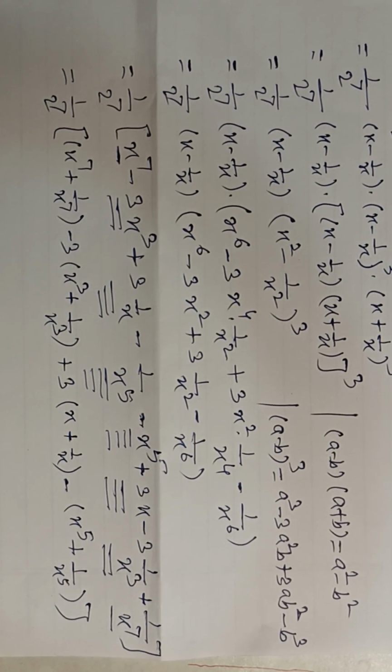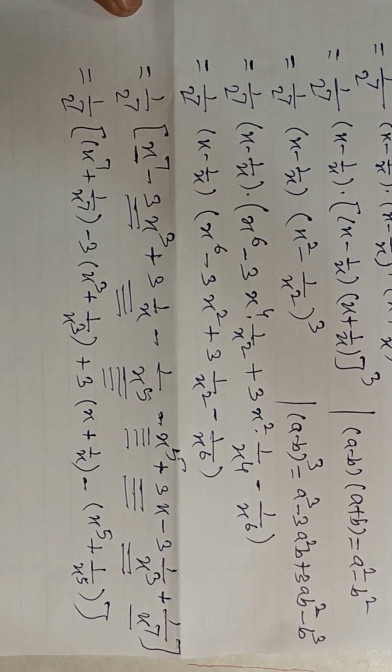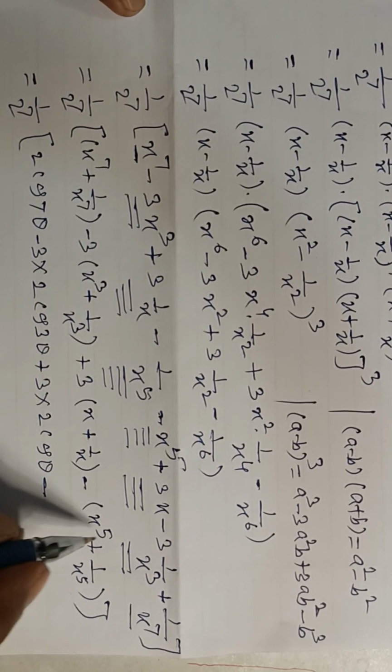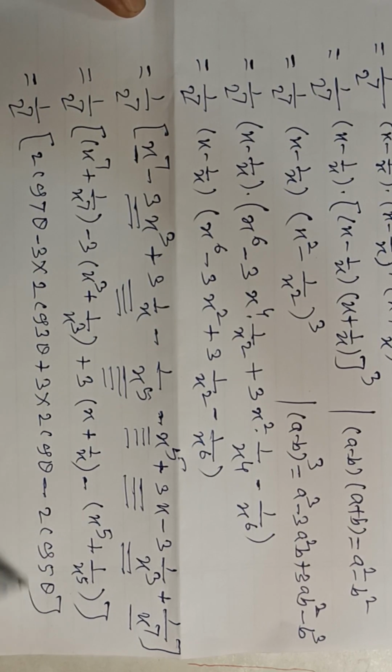Again, you know, x to the power n plus 1 upon x to the power n is equal to 2 cos n theta. So this can be written as 1 upon 2 to the power 7, 2 cos 7 theta minus 3 times 2 cos 3 theta plus 3 times 2 cos theta minus 2 cos 5 theta.